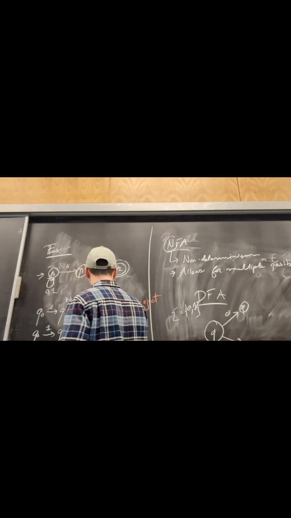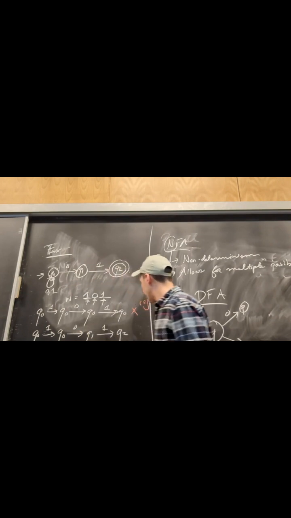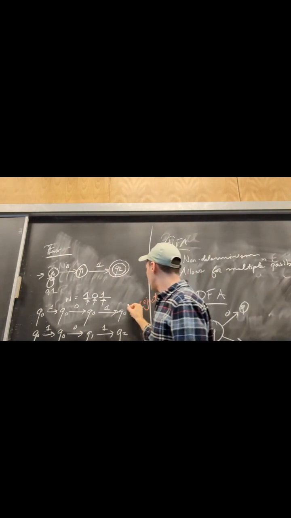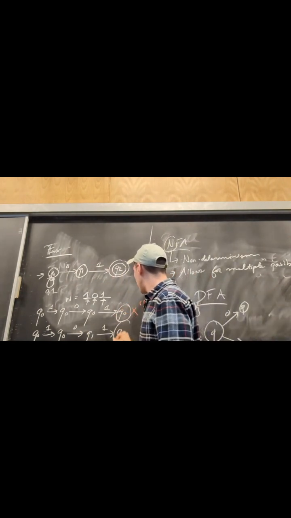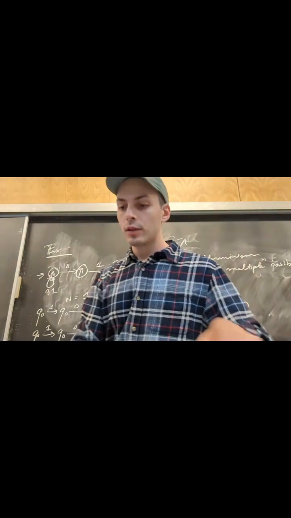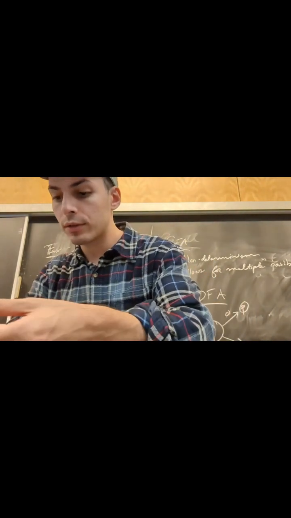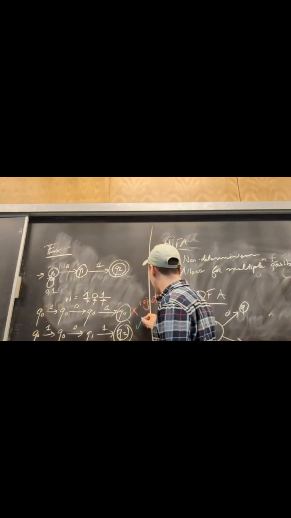Now from Q0, I'm going to guess that I have to go to Q1. And now from Q1, I have no choice, I have to go to Q2. So in this case, Q0 was not an accept state, but Q2 is. That means that 101 gets accepted here. So this is an accept.